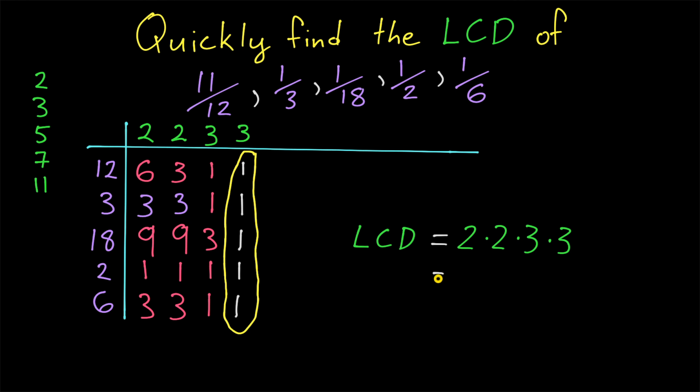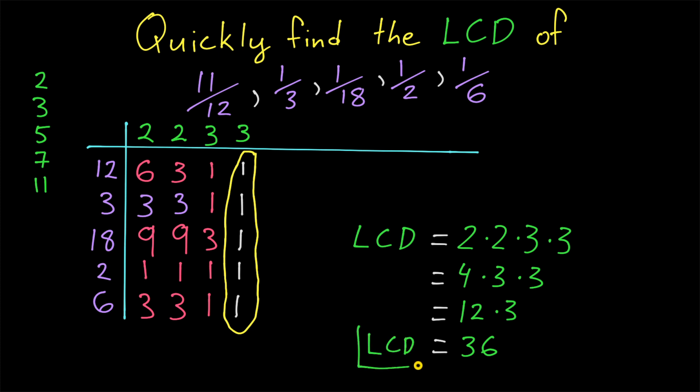So 2 times 2 is 4, times 3 is 12, times 3 is 36. So your lowest common denominator is equal to 36.